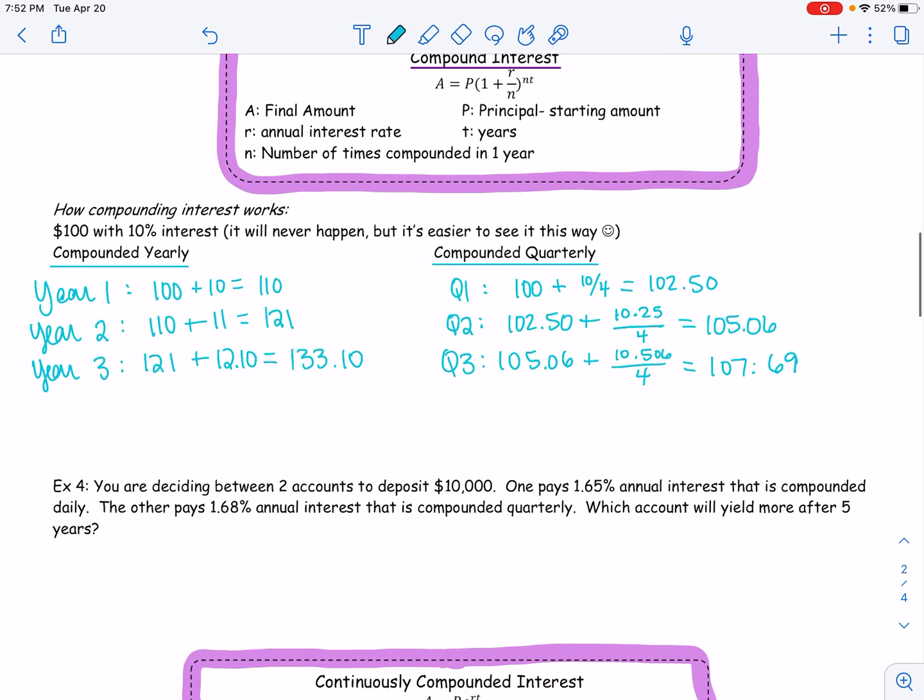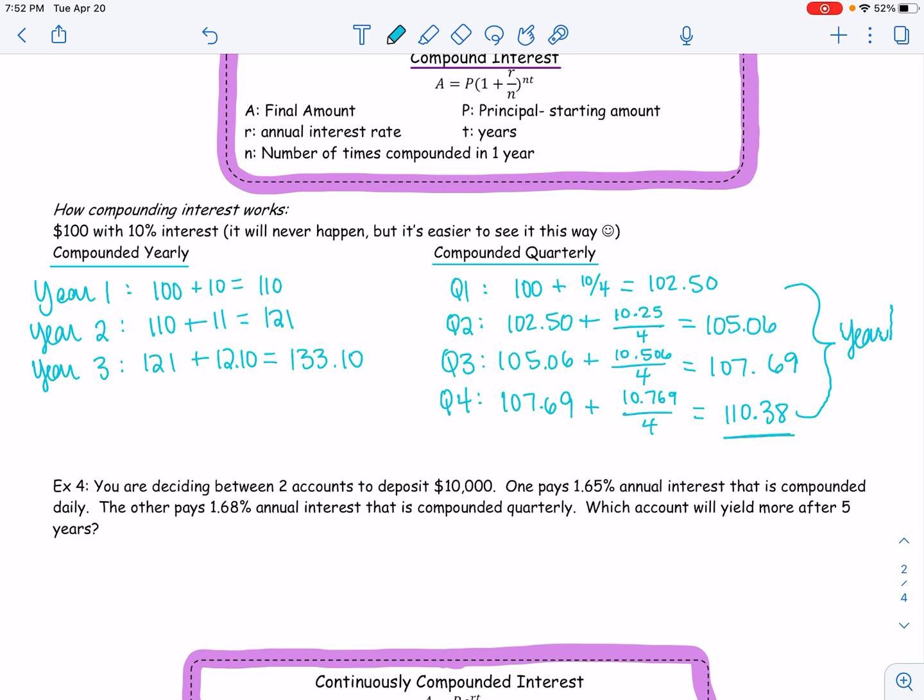And here, like I said, we kind of are rounding, so nothing is perfect, but you get the idea of what's happening. And then at the beginning of the fourth quarter, we're starting with that $107.69, taking 10% of that, dividing it by 4, adding that together, and I get about $110.38. All of this is year one, okay? So we would do it 4 times every single year.